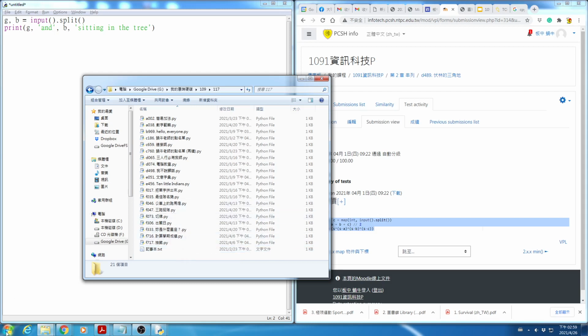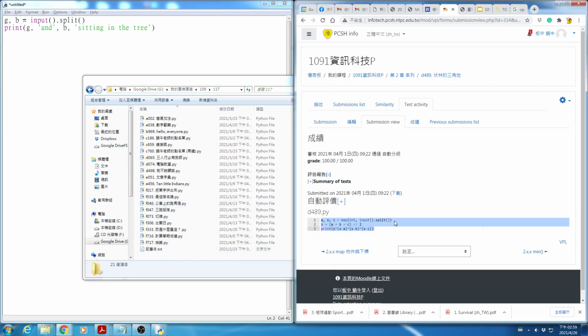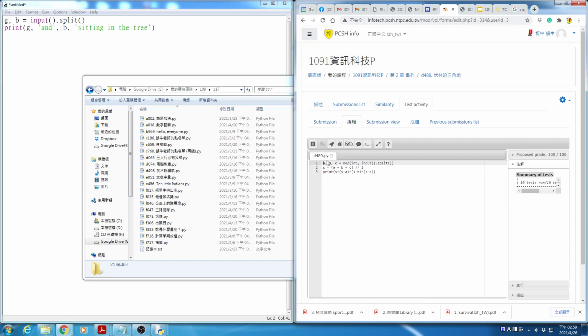It's okay, I will create a new one then. Okay, the answer that I gave you before was actually this. We convert that into a list and then save that into one single variable.